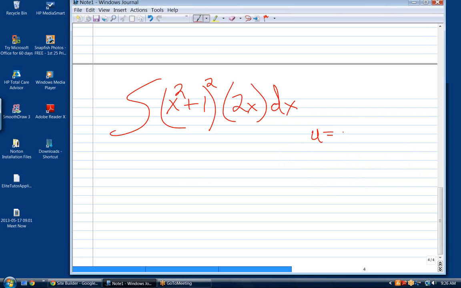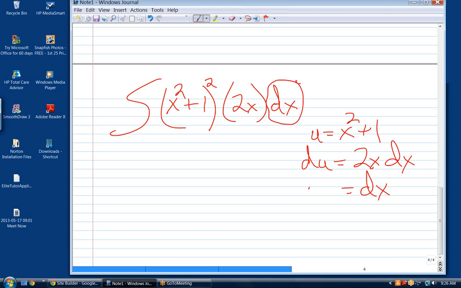u is equal to x squared plus 1. Now we go ahead and find out what du is. That's 2x dx. So when we solve for dx, which we're going to need to substitute for, we get du divided by 2x. So the derivative of this always ends up in your denominator.